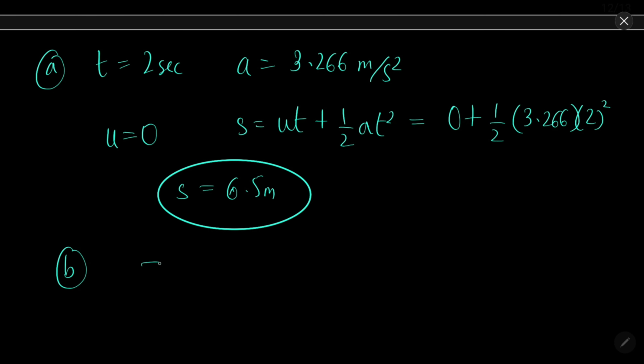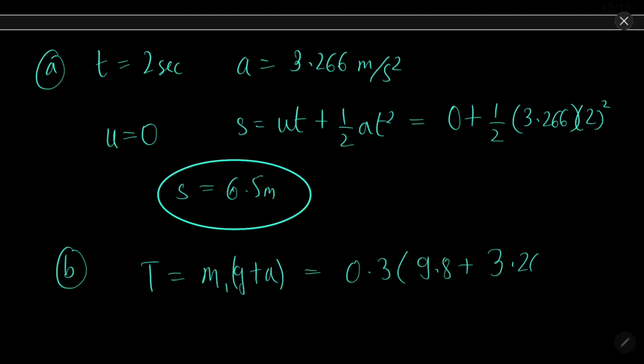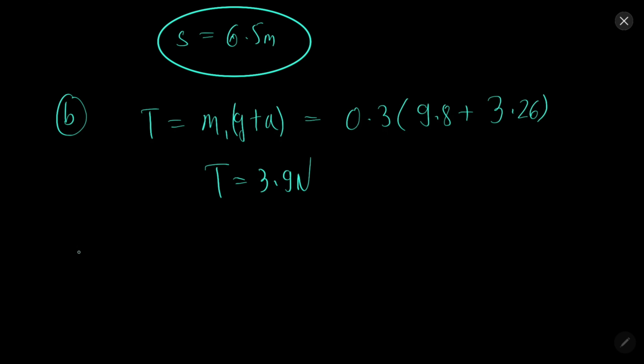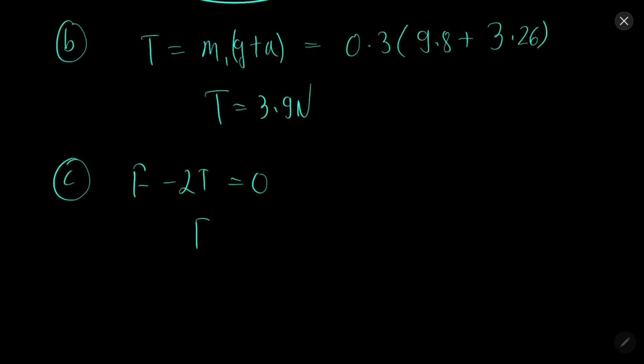Next we know that T equal to m1 times g plus a, so 0.3 times 9.8 plus 3.26. So from here tension will come out to be 3.9 Newton, and force exerted will be 2T, 2 into 3.9, that is 7.8 Newton.